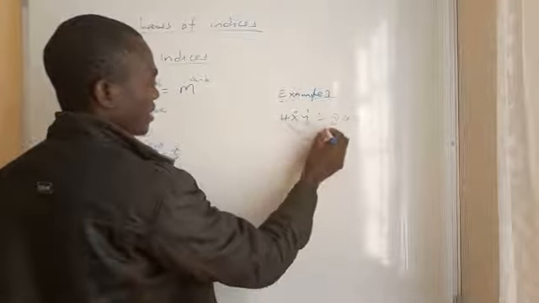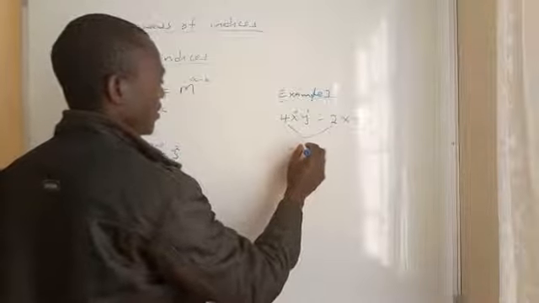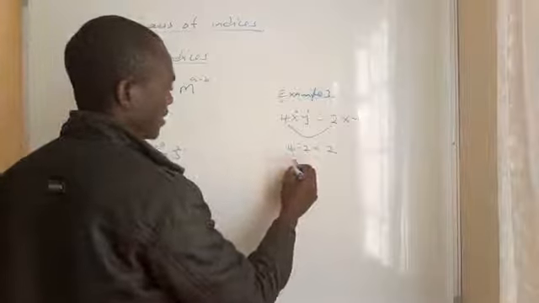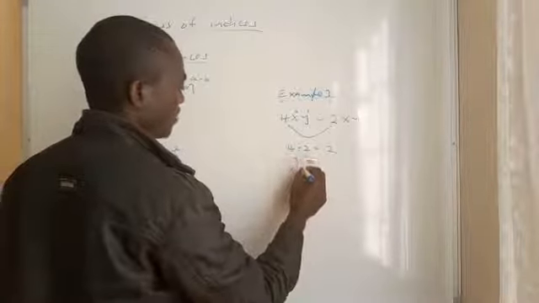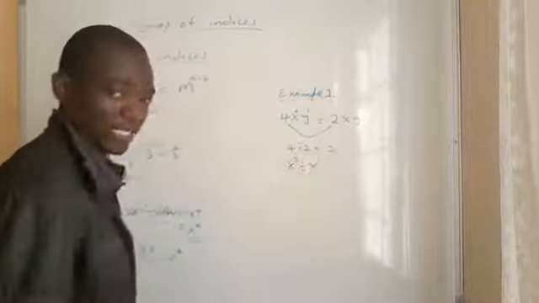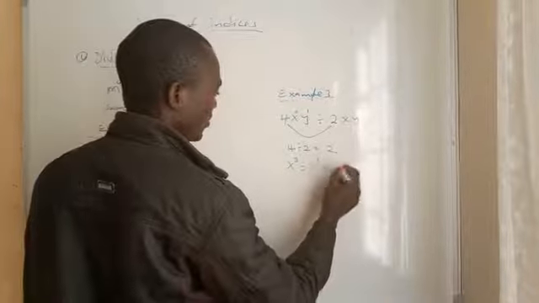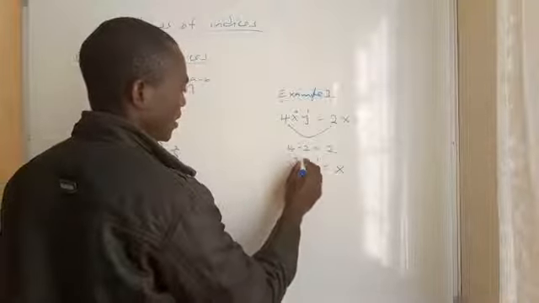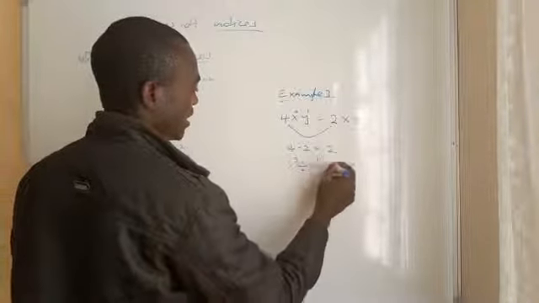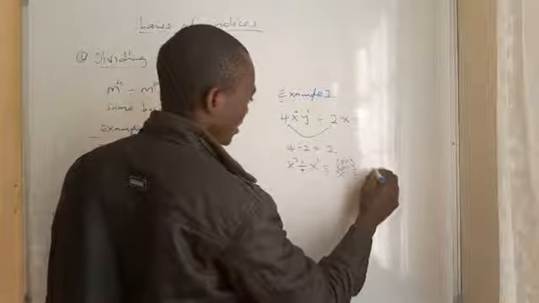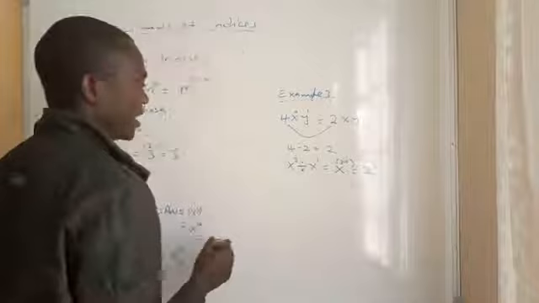We begin with the numbers. 4 divided by 2, the answer is 2. x power 3, you divide by what? x. And this x simply means it is to power 1. The law of division says if the bases are the same, which is true, that is base x to base x, then we subtract the powers on the index. So the answer becomes x to power 2 for that case.